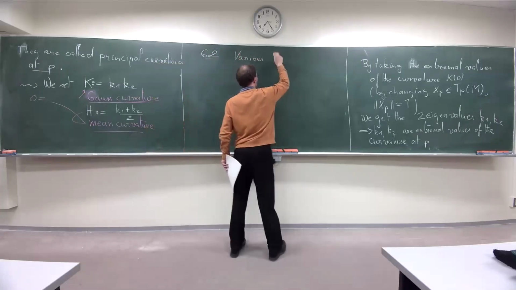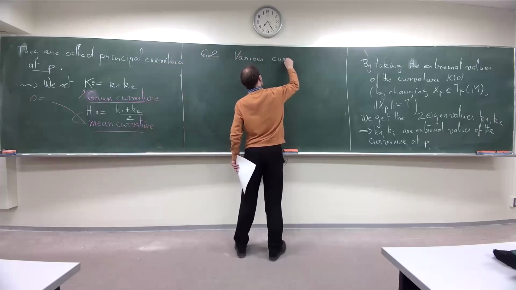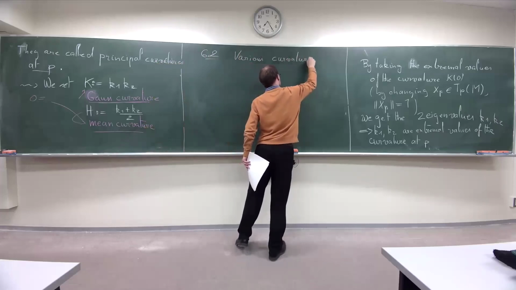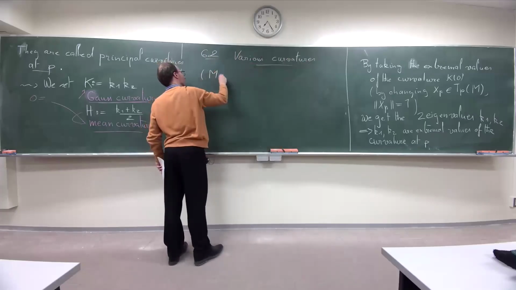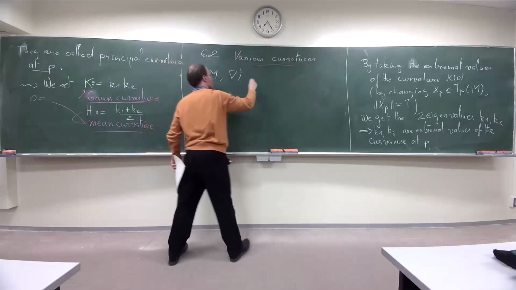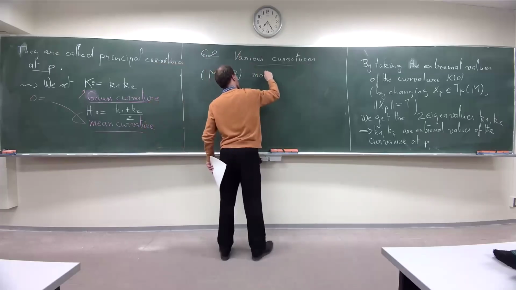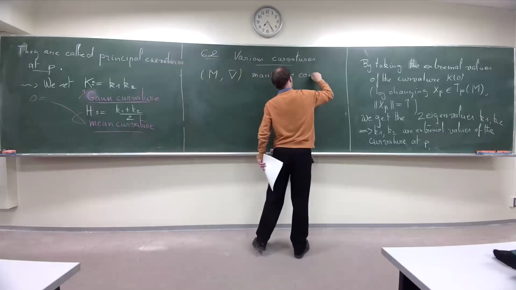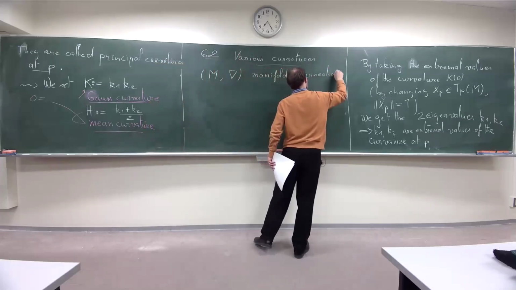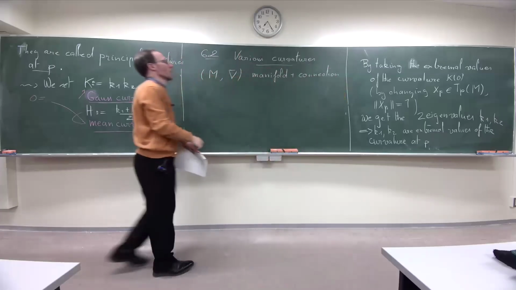I'm going to come back to various curvatures in the abstract setting now, which means we have M, a smooth manifold, it's always smooth, plus a connection nabla. And we have seen the general definition of a connection.